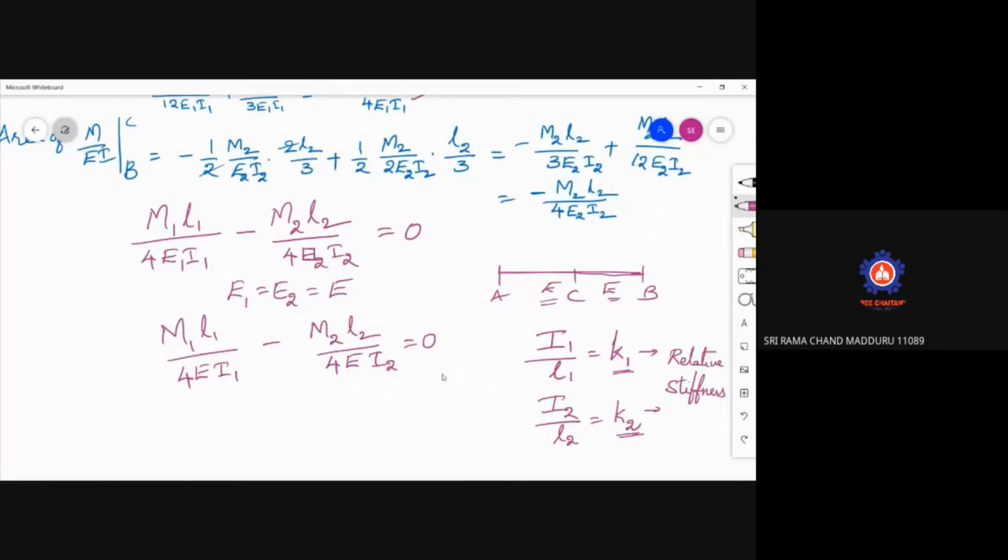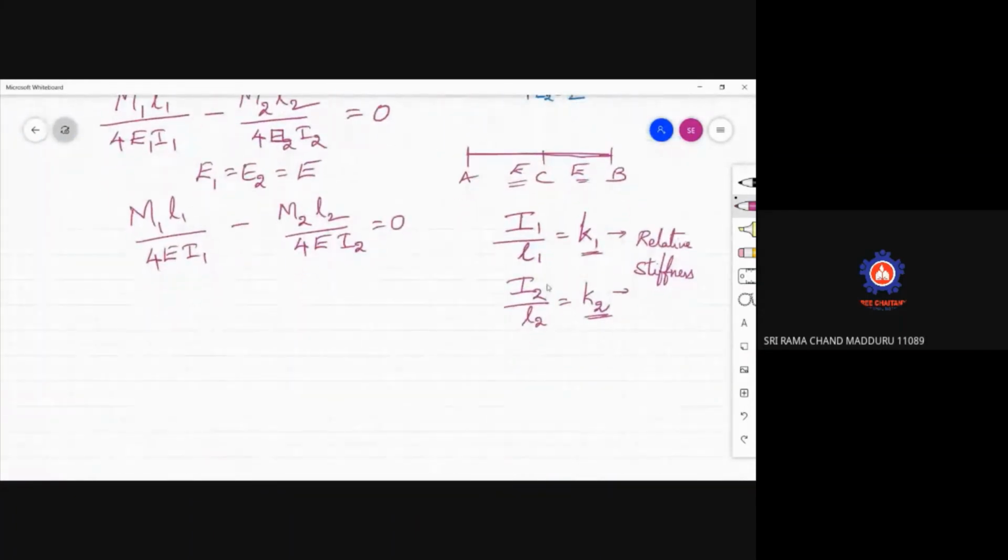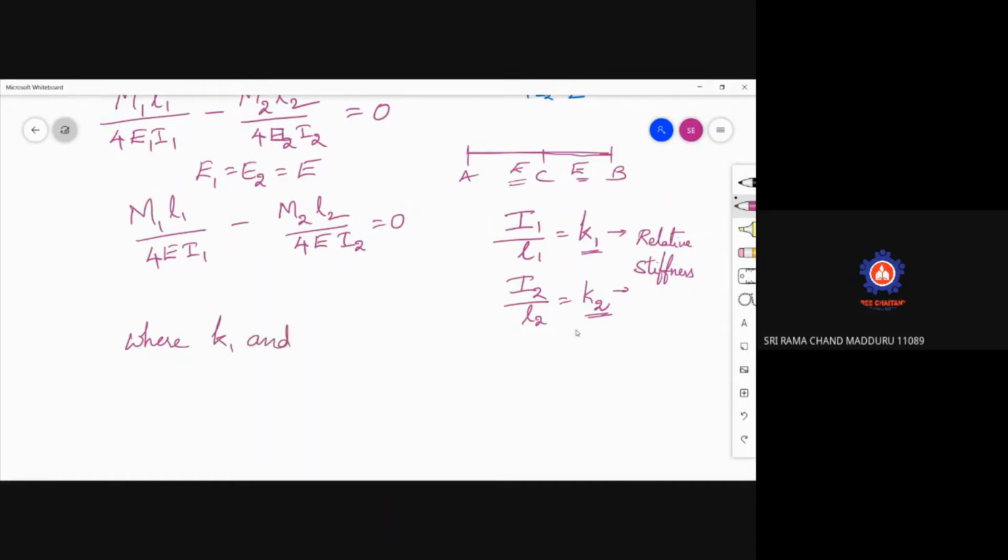So write down: K1 is equal to I1 by L1, K2 is I2 by L2, where K1 and K2 are the relative stiffness of spans AC and CB respectively.